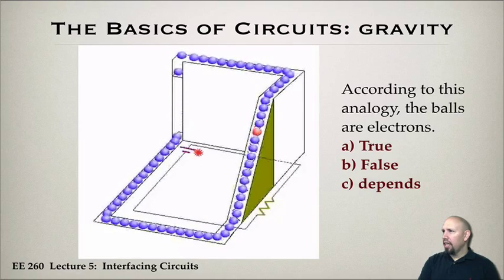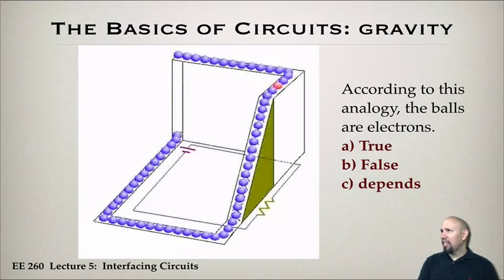So positive means you have higher potential, but the electron is actually negative, has a negative charge. So actually, technically speaking, these balls do not refer to electrons because the battery is raising up to a higher potential, but since it's positive, these actually refer to positive charges going around a circuit.